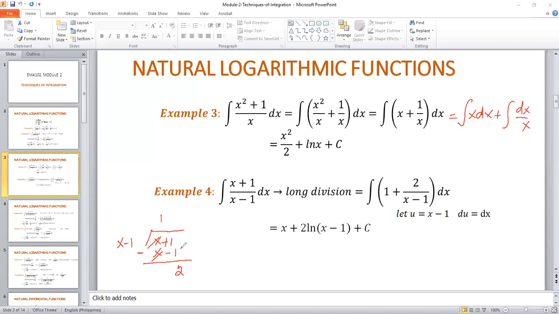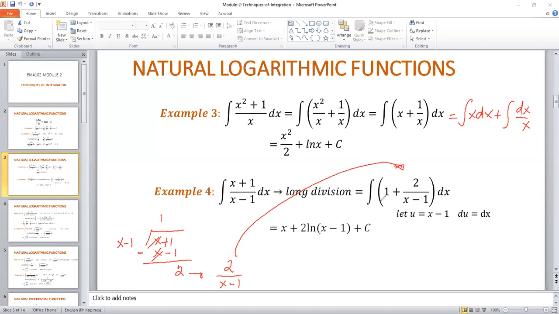This 2 is the remainder. And how do we write remainders? Is the value that we have here divided by our divisor, which is x minus 1. This thing you see here. Okay? Your answer, which is 1, plus the remainder, 2 divided by x minus 1.